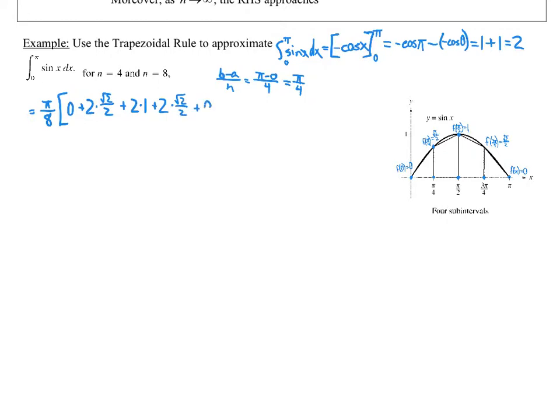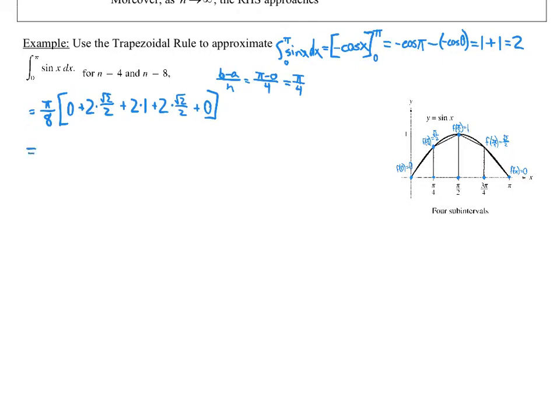F of pi is 0. So notice base 1 plus base 2, base 1 plus base 2, and we put all the bases together. All the middle ones are used twice.